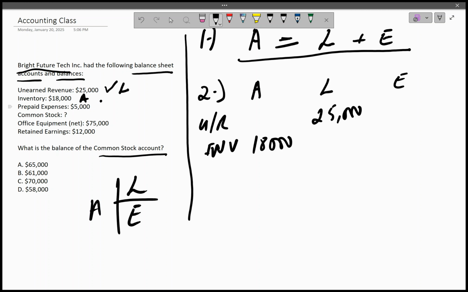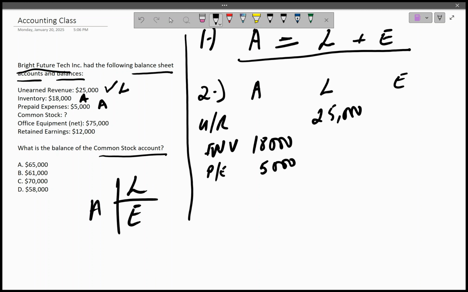Prepaid expenses is also an asset. Prepaid expenses is money that a company disburses for services that they will receive in the future. An example is prepaid rent. So prepaid expenses, it's an asset. We had 5,000.